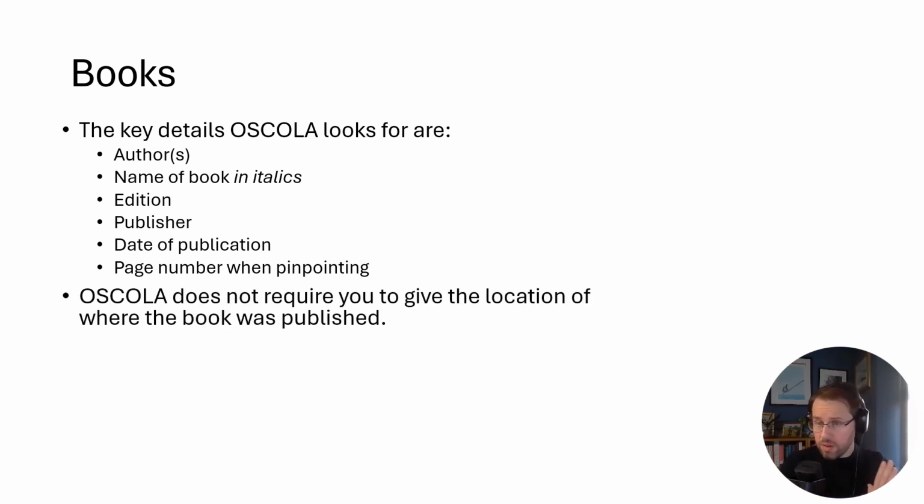Importantly, unlike some reference systems, OSCOLA doesn't require you to tell us where the location of the book is published. OSCOLA doesn't care about that. So if your book is published in Oxford, if it's the Oxford University Press that you want to cite, you don't need to write Oxford and then Oxford University Press. And again, there you go, you're saving word count by excluding this kind of material that OSCOLA is not interested in.